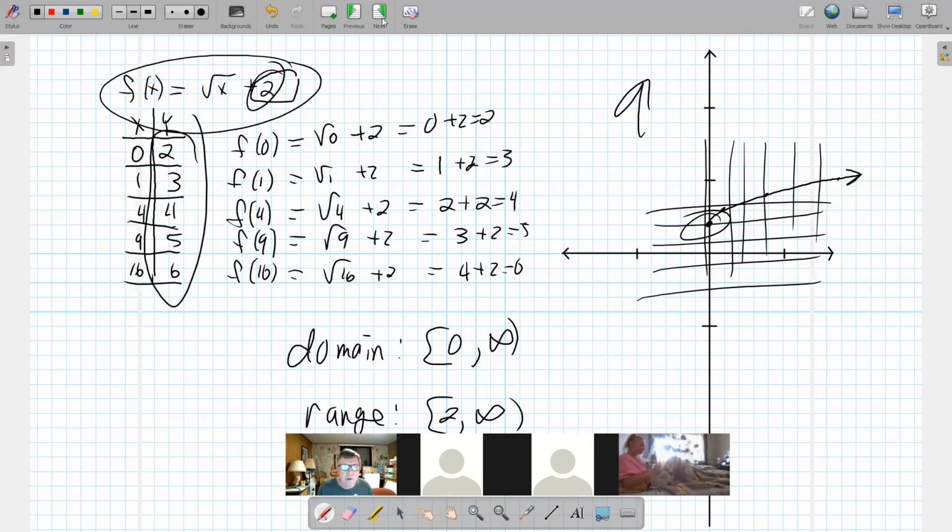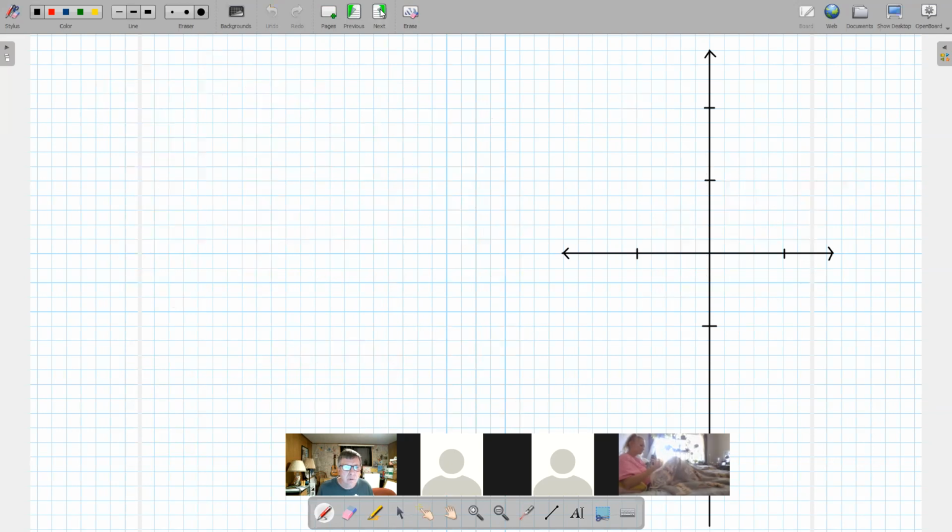Let's see here. Let's go to this one, and let's take a look at a couple of things here. f of x equals the square root of x. We did this earlier, and I want to put this back up here. x, y, 0, 1, 4, and 9.